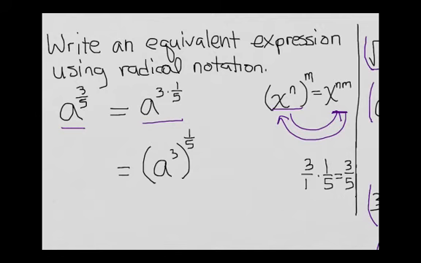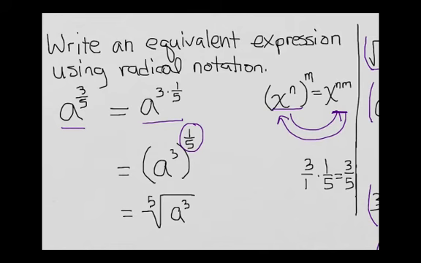Now that we've rewritten the problem this way, we can think about this fractional exponent as being a root. That's the 1/5 power, so that would correspond to the 5th root, and we would rewrite this as the 5th root of a cubed.